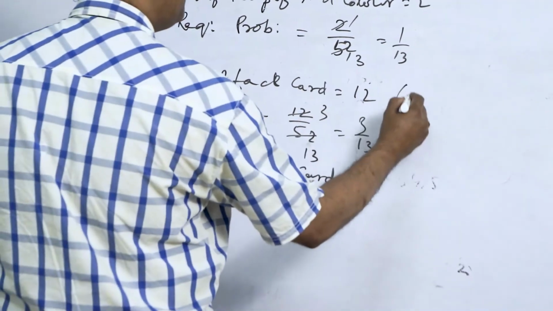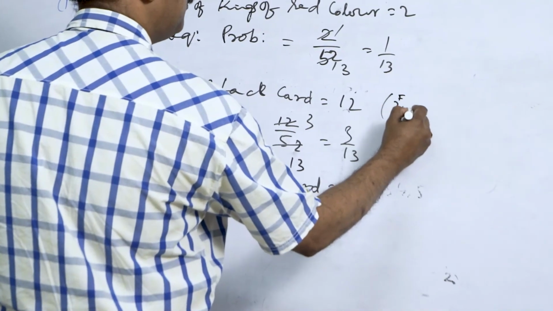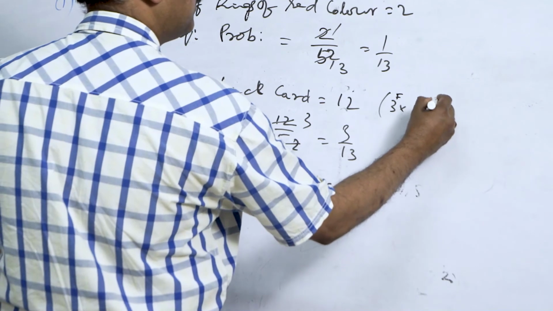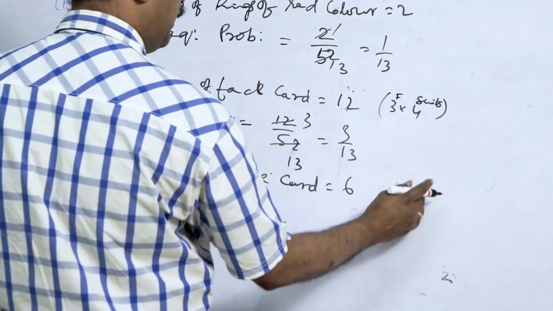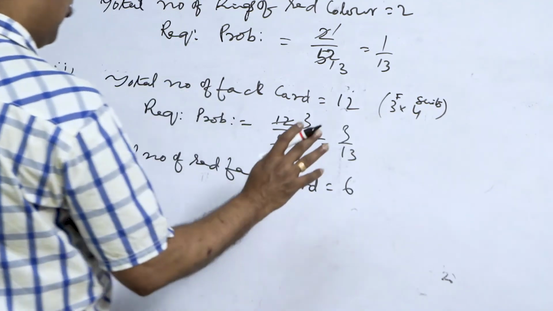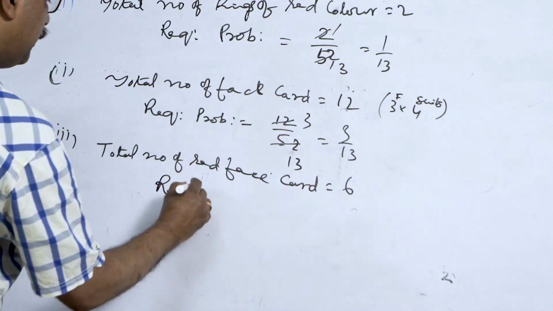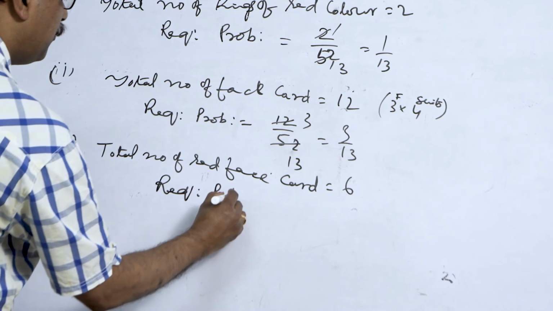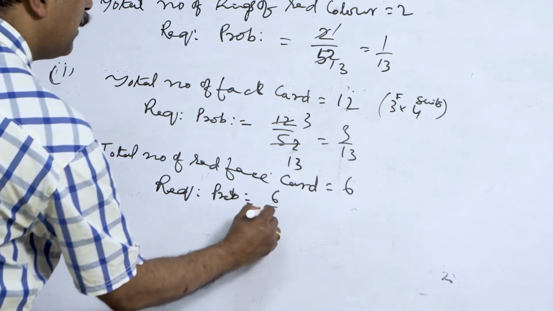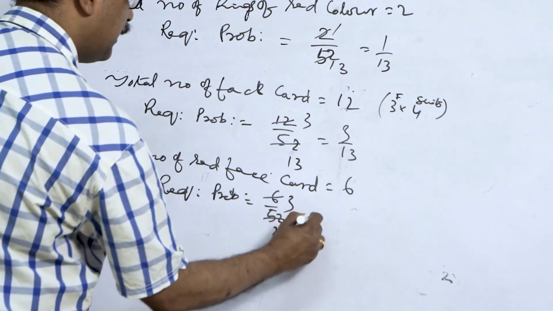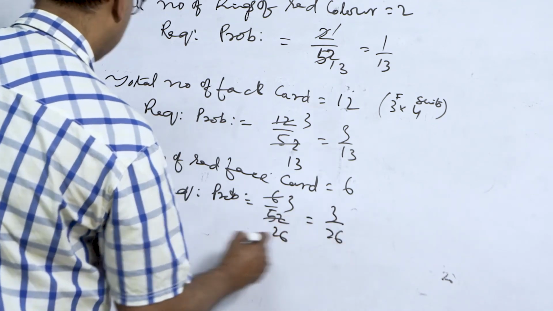Here 3 face cards into 4 suits becomes 12. Red cards are 2 suits. So 6. So what is the required probability? Required probability is equal to 6 by 52. We cancel: 2 threes are 6, 2 twenty-sixes are 52. It is 3 by 26.